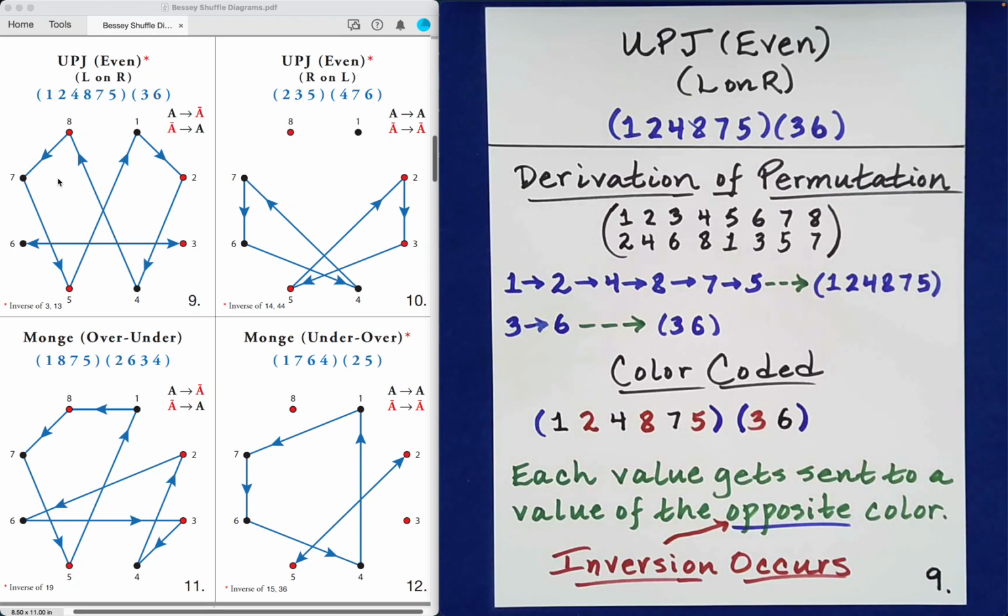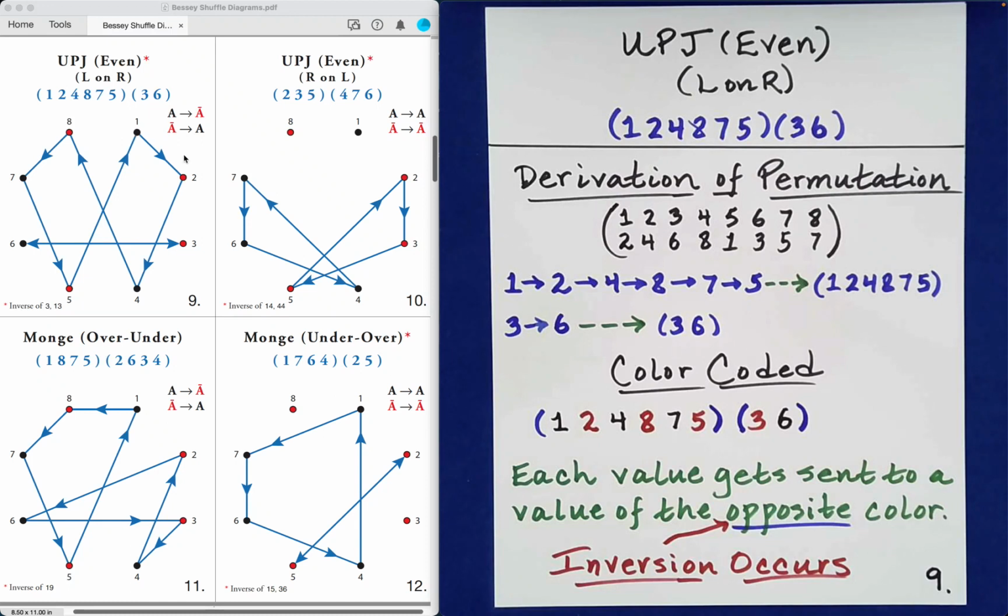If you take a look at Shuffle 3, it'll be exactly this diagram here, but the arrows will be going in the opposite direction, which of course means that if we perform those 2 shuffles in succession, they undo each other.